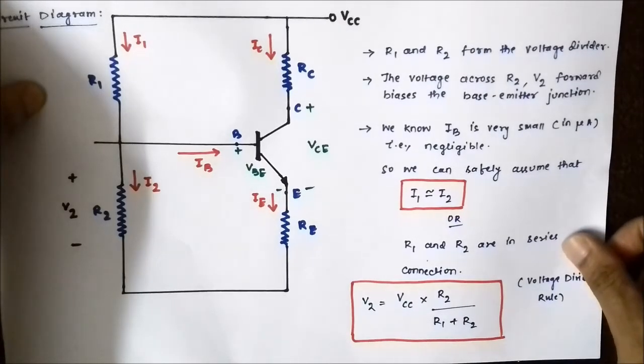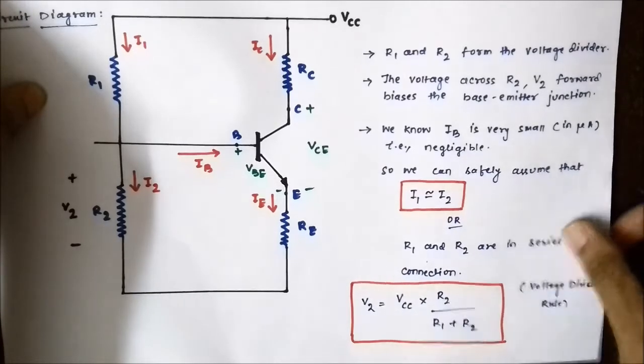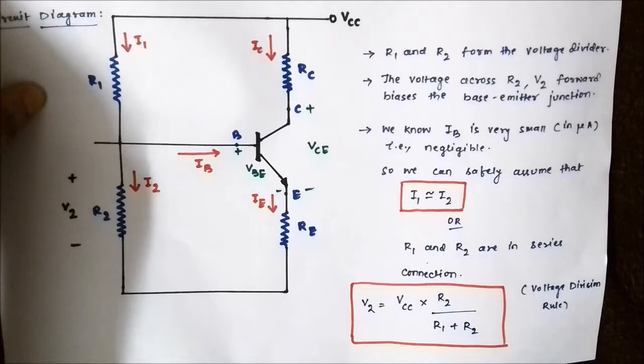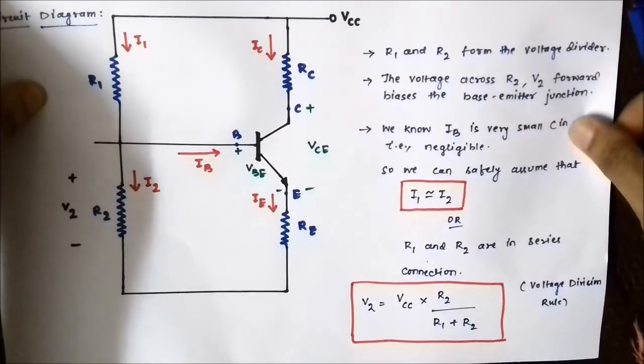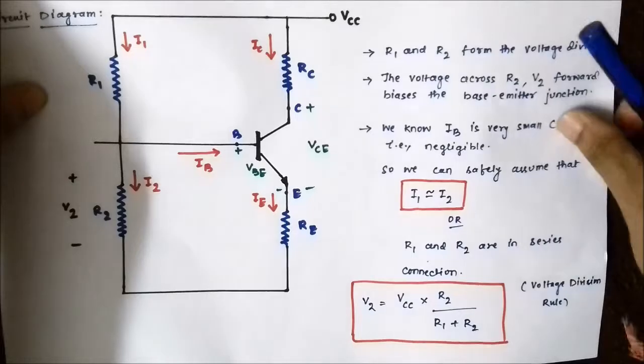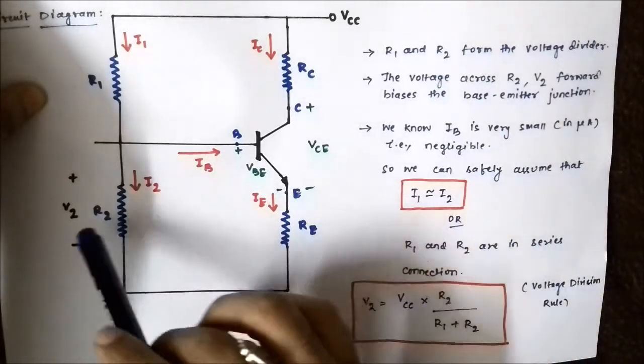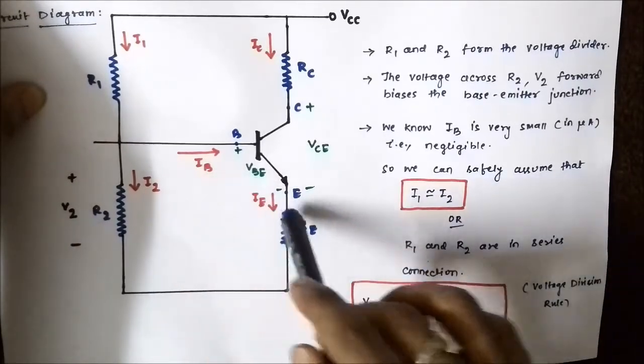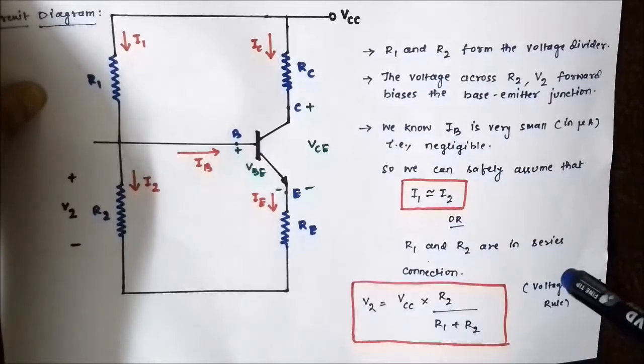Here I am using the second sign dominating method, point to point KVL. So please check out the videos which I have posted related to application of KVL in closed loops. I have posted 2 videos related to that in my channel, so please check out those 2 videos before you go with this. So the KVL equation here will be V2 minus VBE minus IE RE is equal to 0.